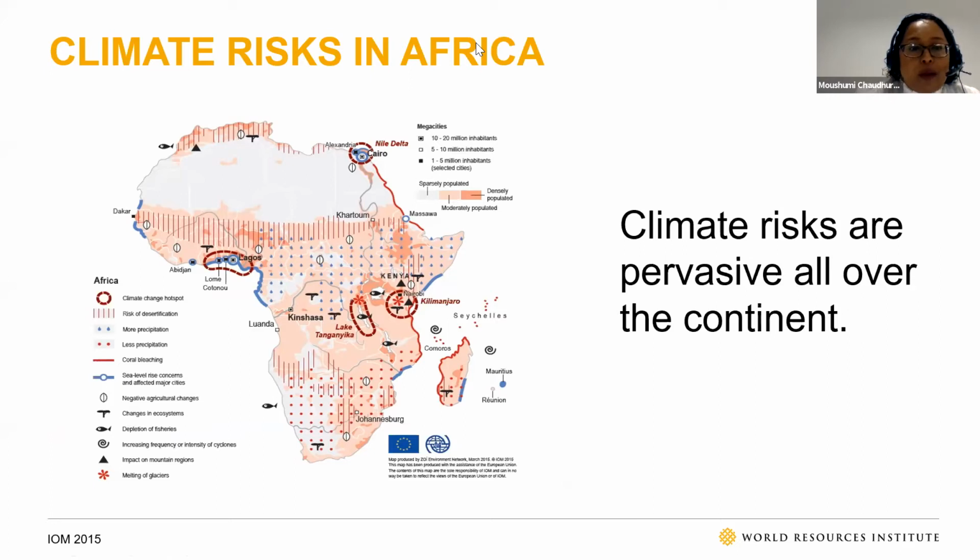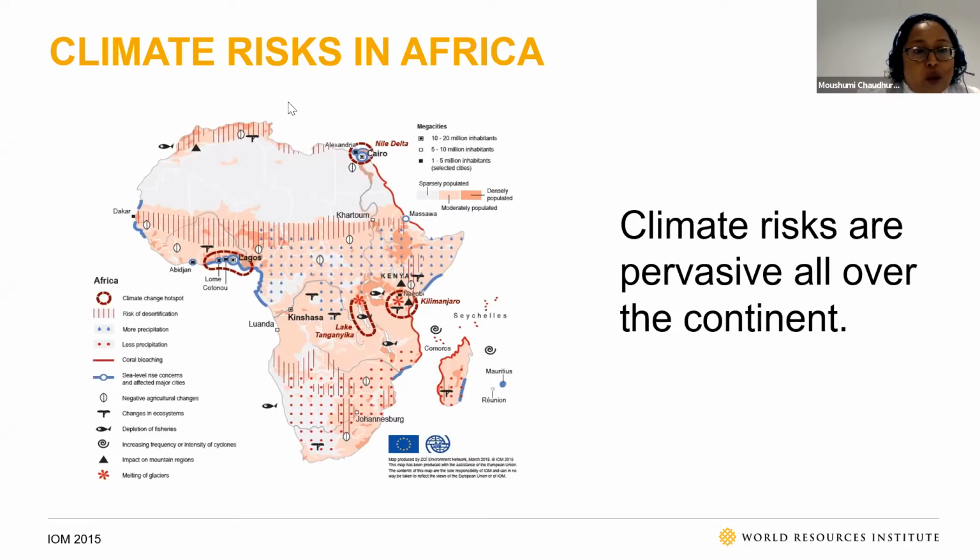You can see similar risks in Central Africa and West Africa. And as you can see here, there are different types of climate risks. They could be risks related to coral bleaching, especially if you're looking at Madagascar and East Africa. There's a lot of risk in terms of desertification because in many parts of Africa we are facing drier conditions.